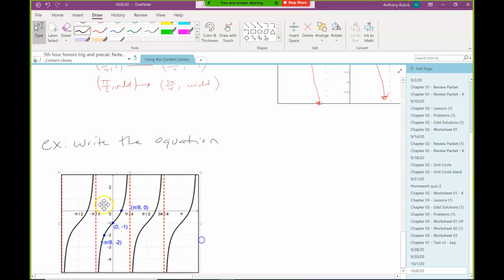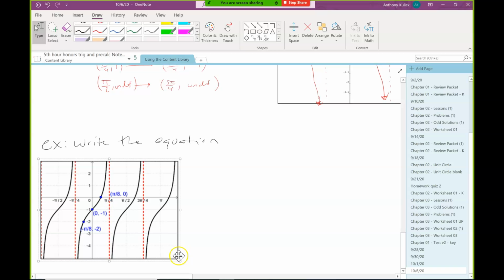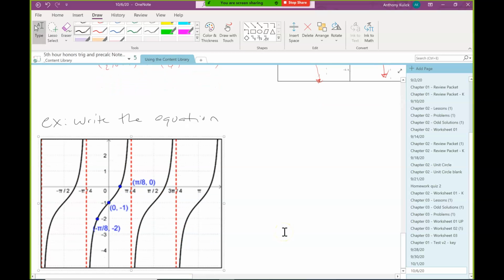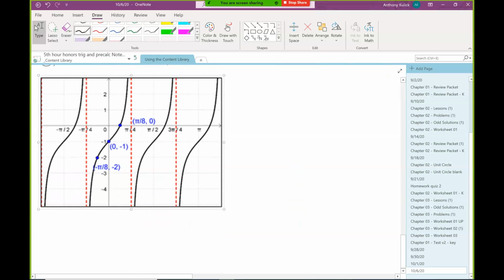Oh, it's so little. Let's make it big. Okay. So just like when we did this for sine and cosine, what I need to do is figure out the values for a, h, and k, or a, b, h, and k, excuse me.